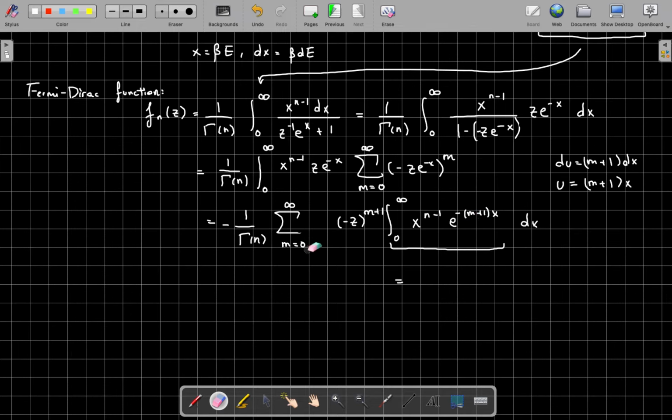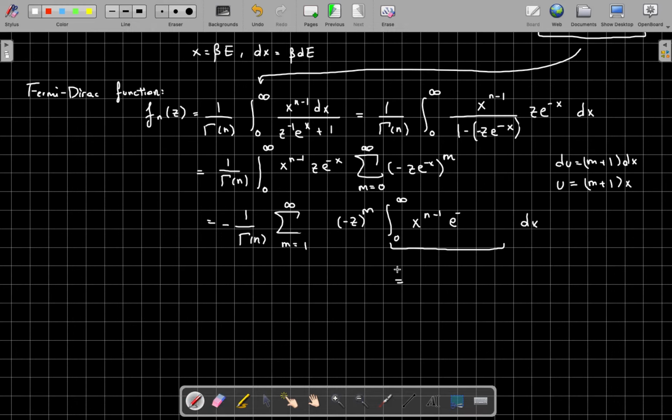So this is from m equal to 0 to infinity, but here I have m plus 1 and here I have m plus 1, so I might as well just do a sum from m equals 1 to infinity and get these m plus 1s to just be equal to m.